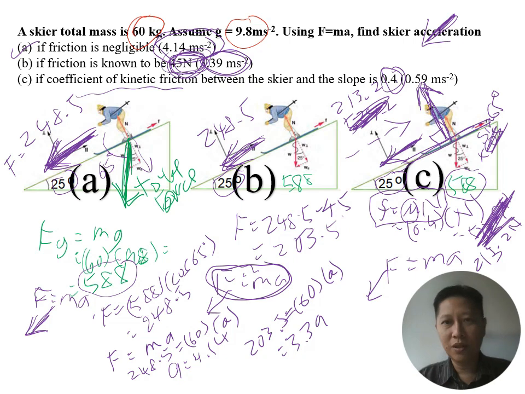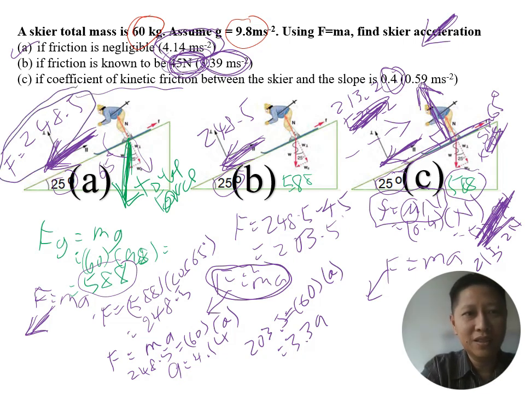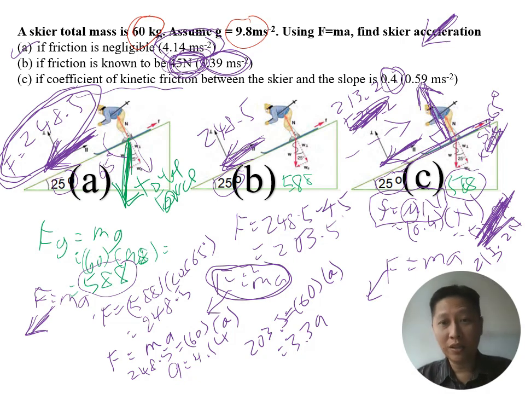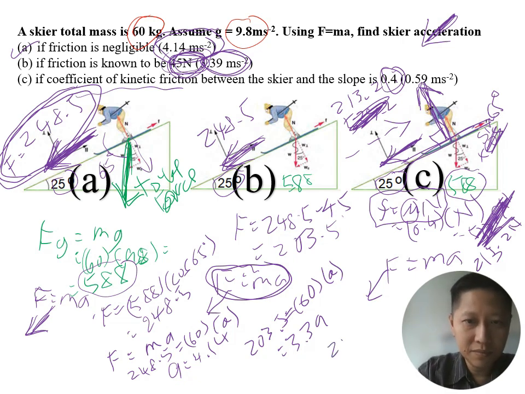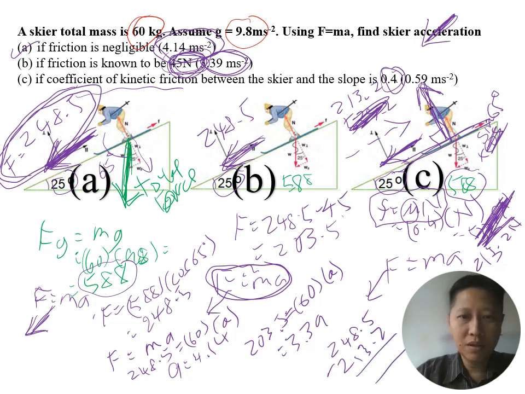How about the net force? When we ask the skier, if everything is ideal, you have 248.5. But now there's a friction force against you, so how much force do you feel right now? We take these two numbers.